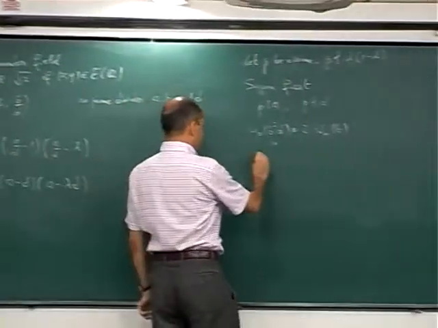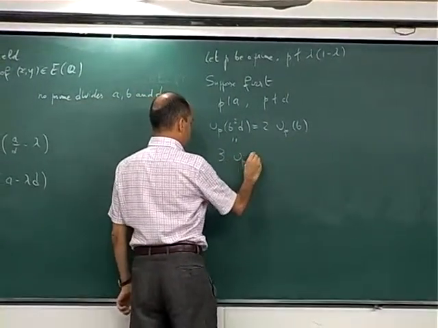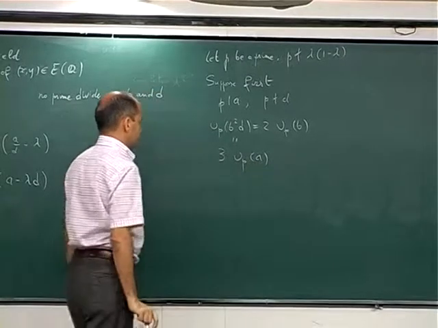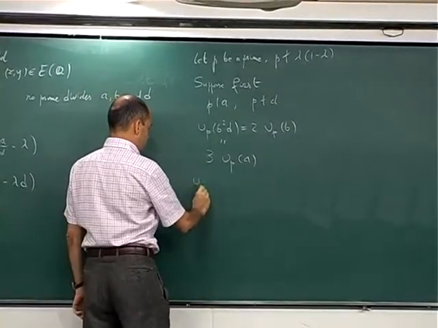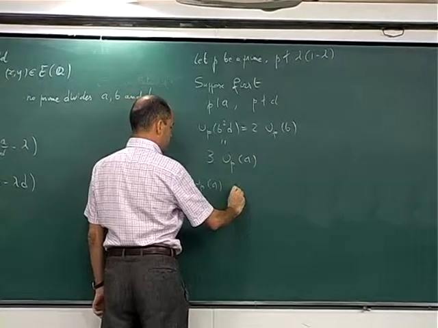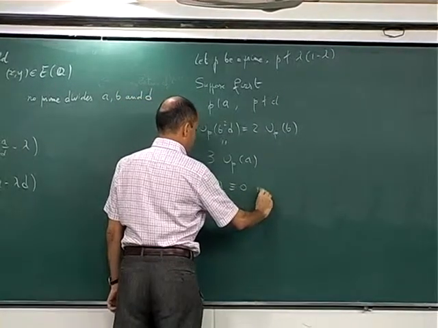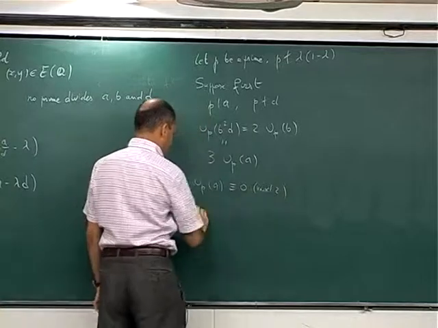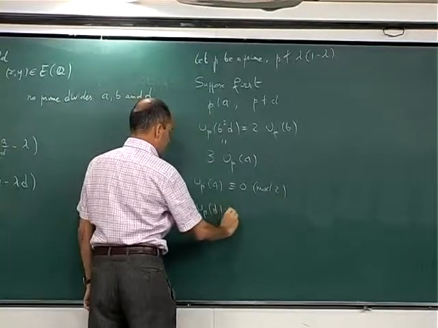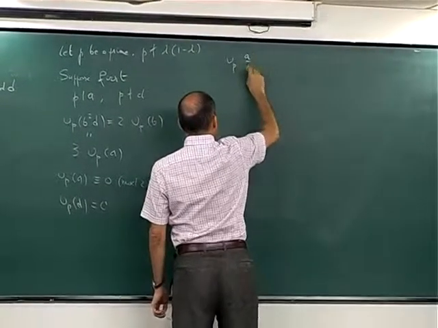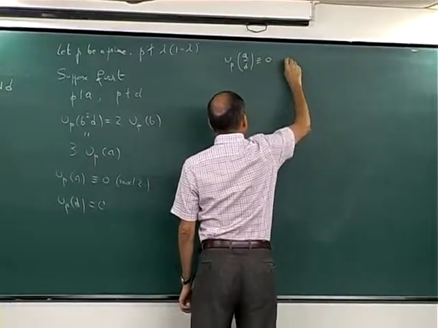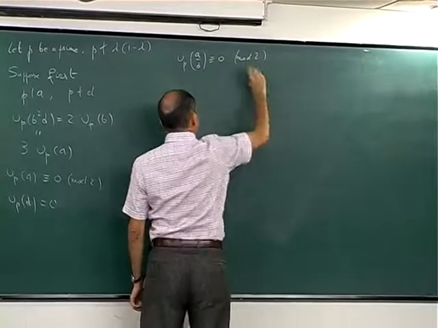So here we obtain 3 times nu P of A. So I obtain that nu P of A is even. Nu P of D equals 0, so nu P of A over D is even, as wanted.